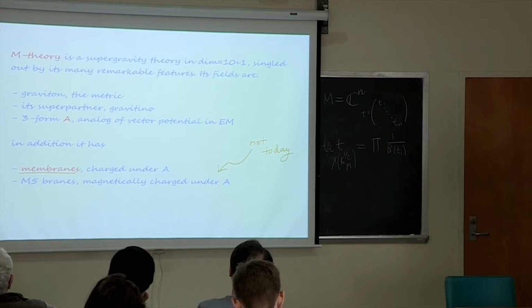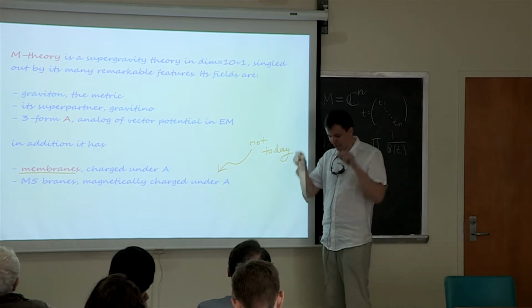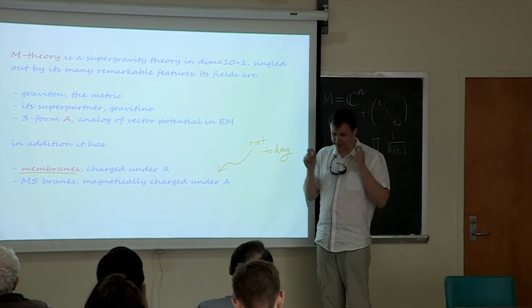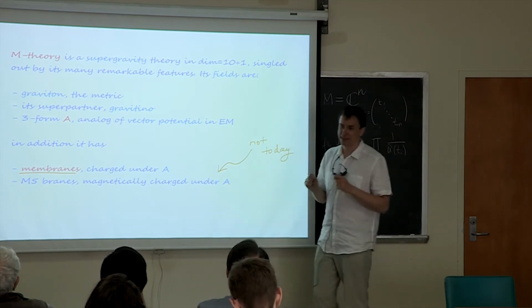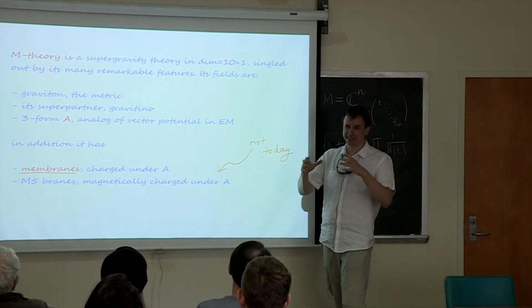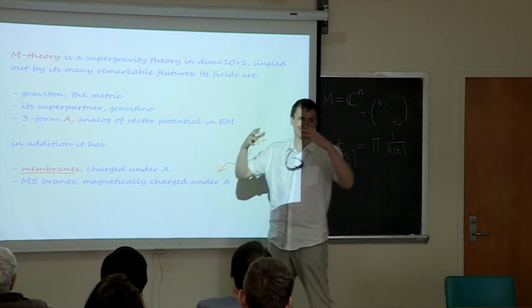So what's M theory? For one thing, there is a difference in which the word theory is used in mathematics and in theoretical physics. In mathematics, theory means a body of knowledge which already existed.